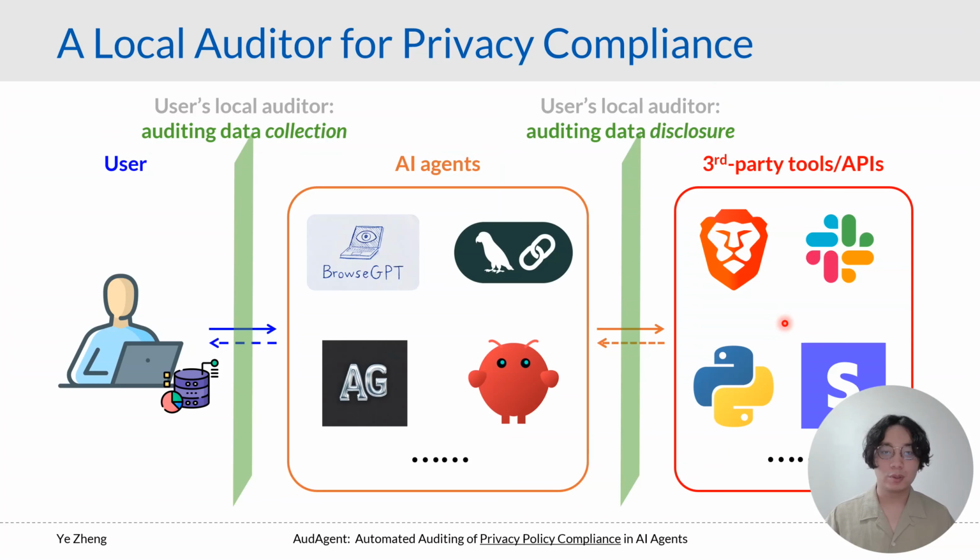So to address these privacy leakages, we want a user-trusted local auditor for privacy compliance. The high-level idea is to have layers to audit the AI agent's data collection, data processing, and data disclosure.